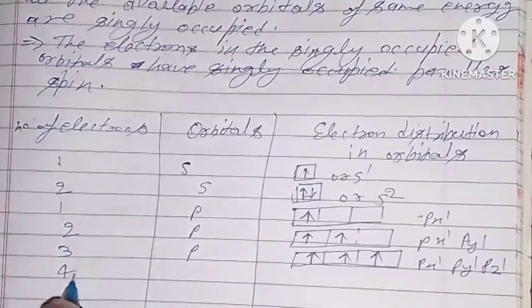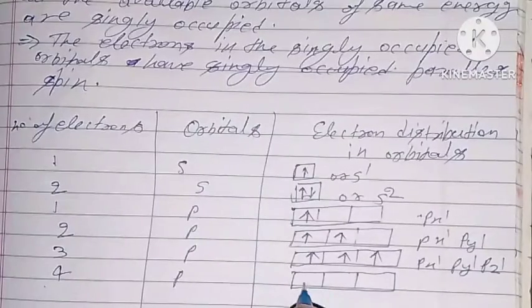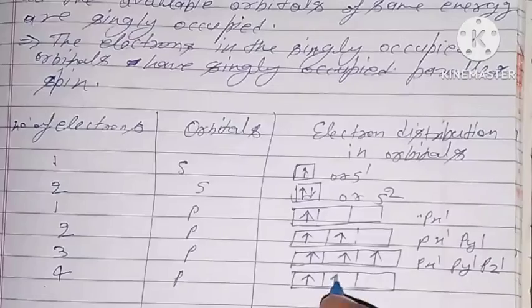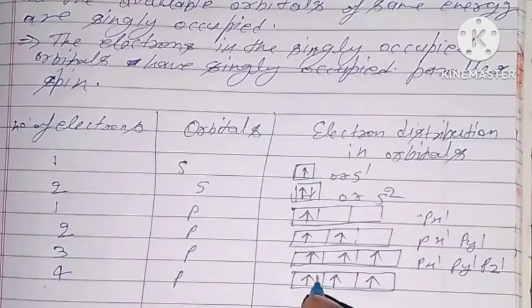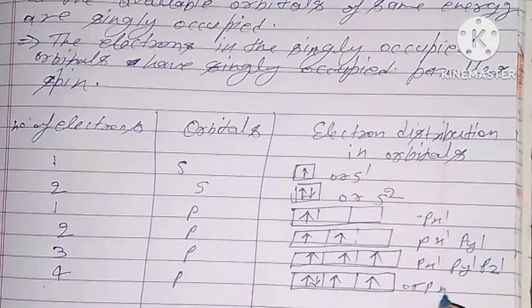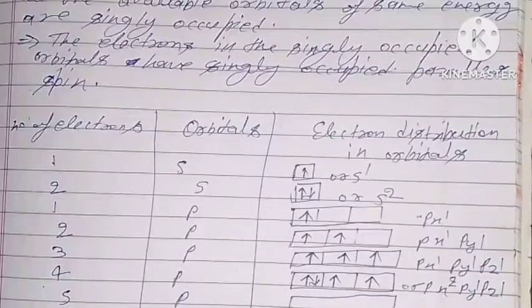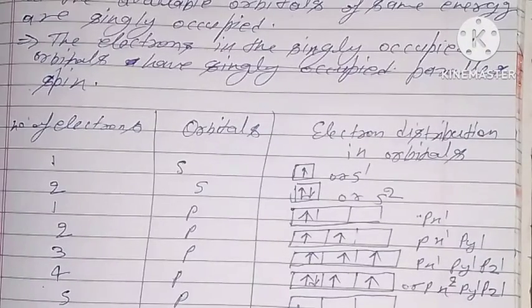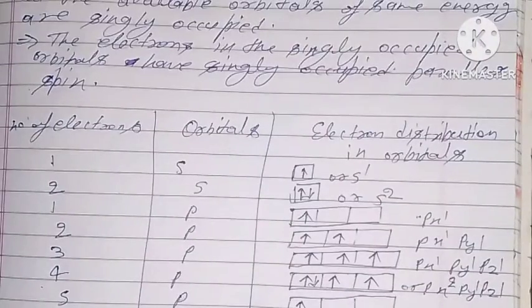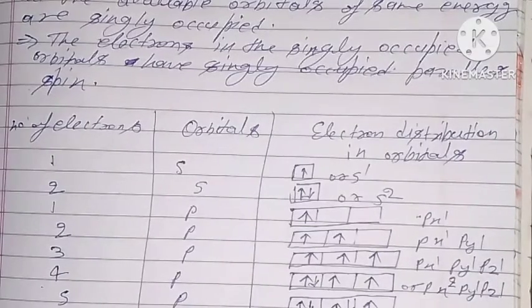If the number of electrons is 4 for the p orbital, then electrons fill initially singly, and after that pair, so px2, py1, pz1. If the number of electrons is 5 for the p orbital, then the electrons fill initially parallel to each other, and after this fill in the downward direction, so px2, py2, pz1.